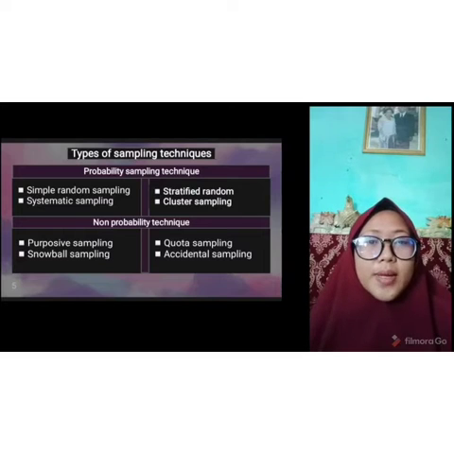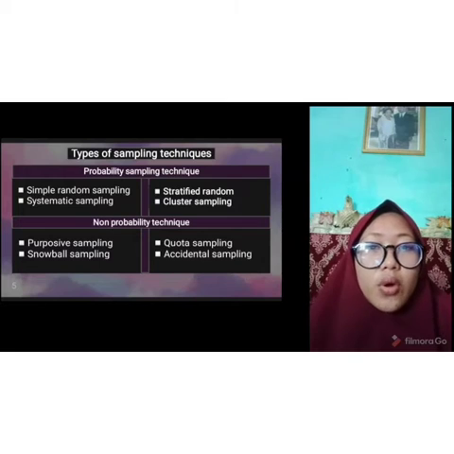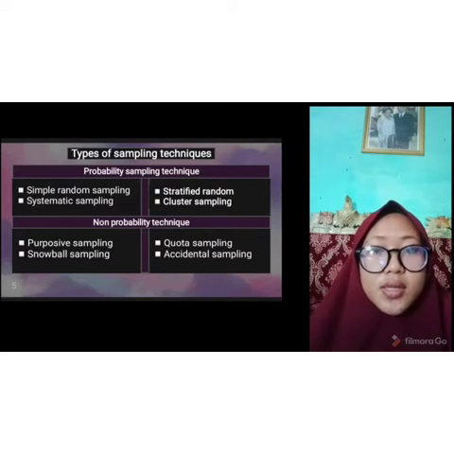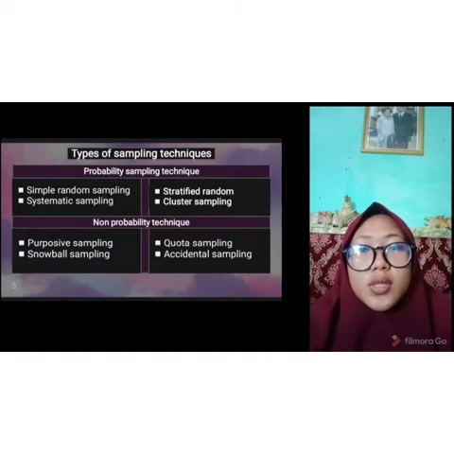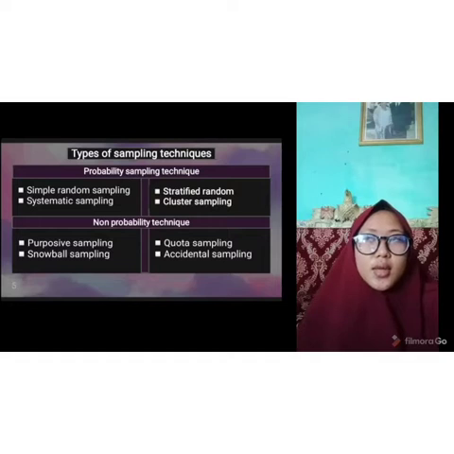Next, quota sampling. This sampling technique is carried out on the basis of a predetermined amount or a quota. Usually the research sample is a subject that is easy to find, so that it also facilitates the data collection process. Accidental sampling.